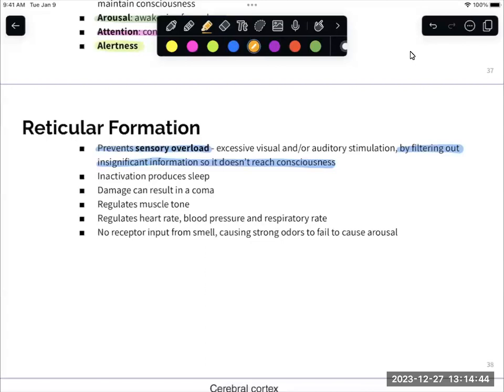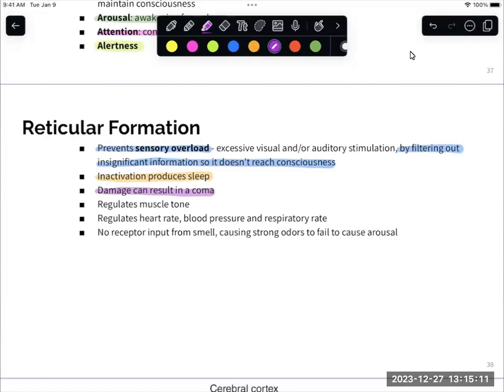When the reticular activating system is inactivated, it produces sleep. The interesting thing, if it gets damaged, it results in a coma. And this coma may be non-reversible unless this reticular activating system is actually able to repair itself.